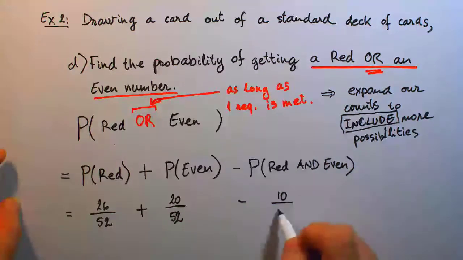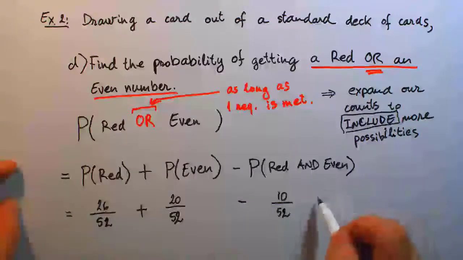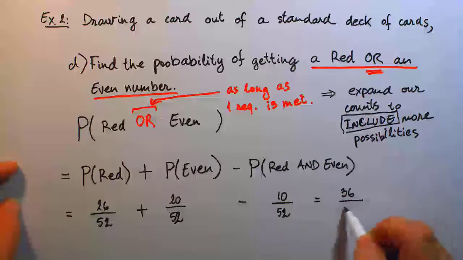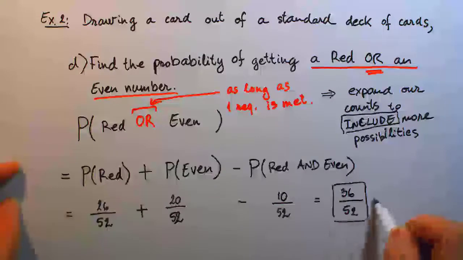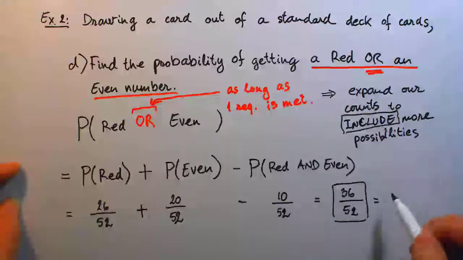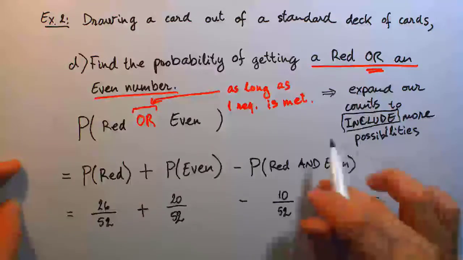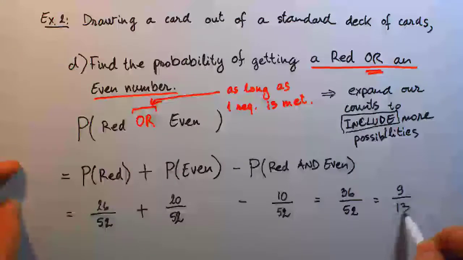And so 10 out of 52. And so the count brings us to the final total again, being 36 out of 52. And of course now reducing the fraction, that gives us 9 out of 13.